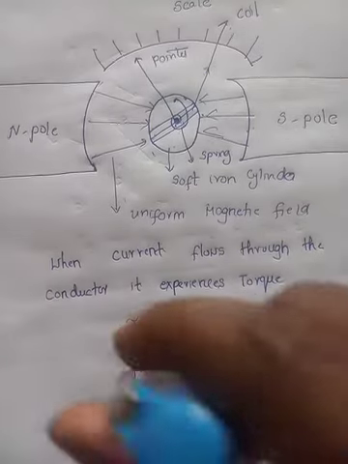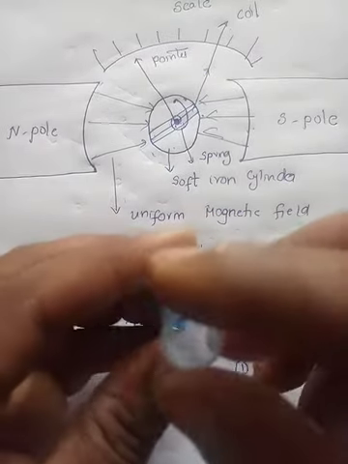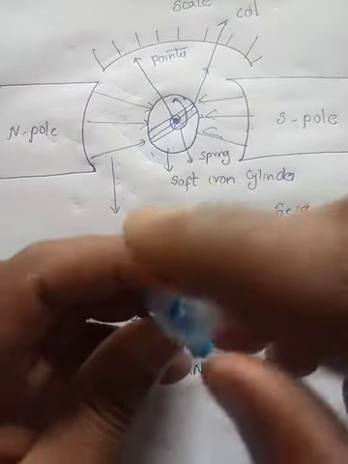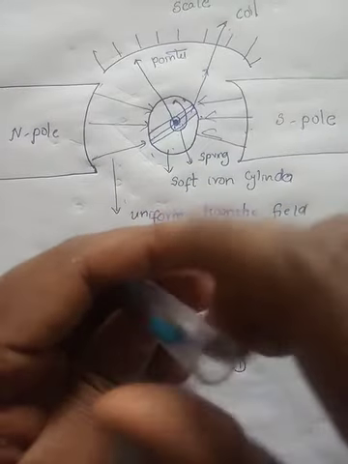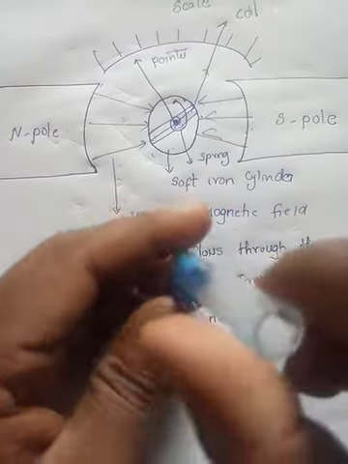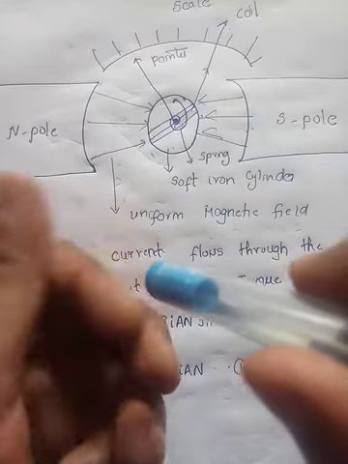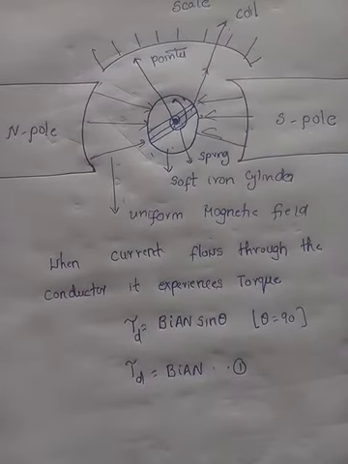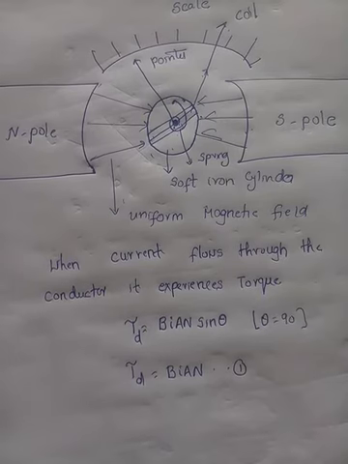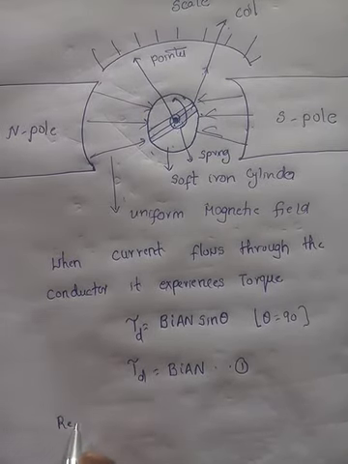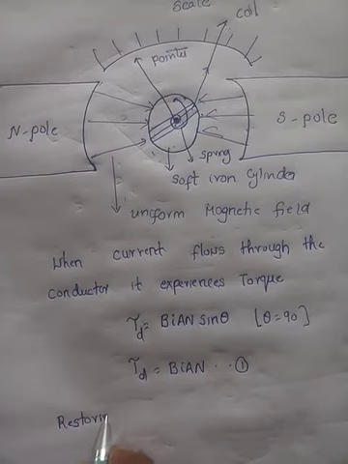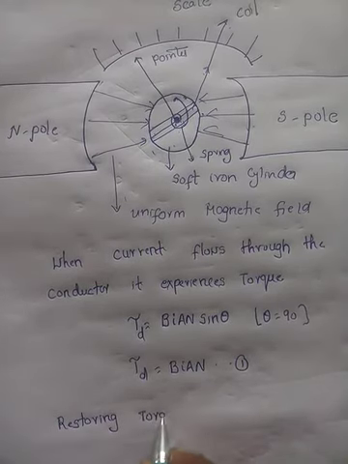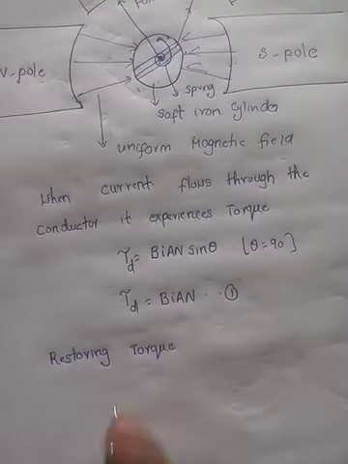Assume that this is the coil, placed in a magnetic field and connected to a spring. What happens when it starts to deflect? It will rotate, so the spring starts to twist. When the spring twists, there exists some torque that brings it back to equilibrium, called the restoring torque. What is restoring torque?